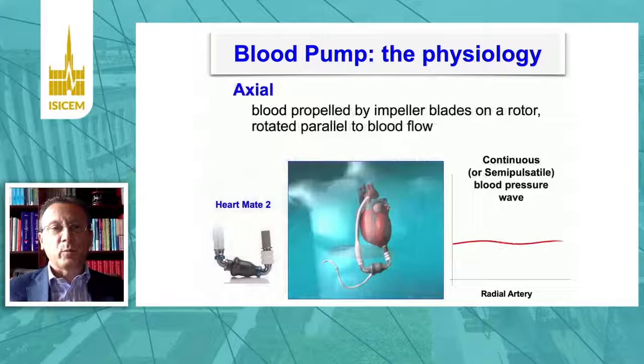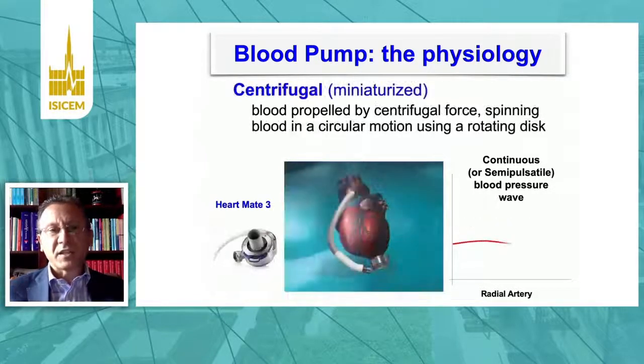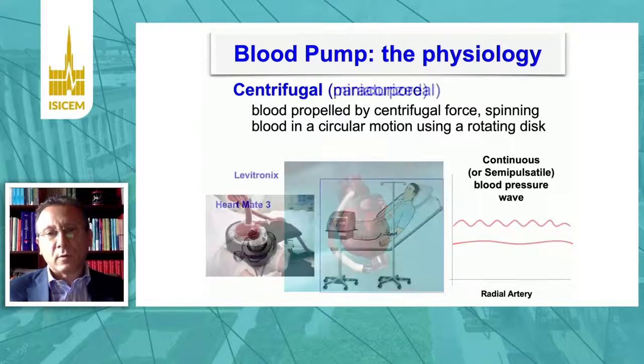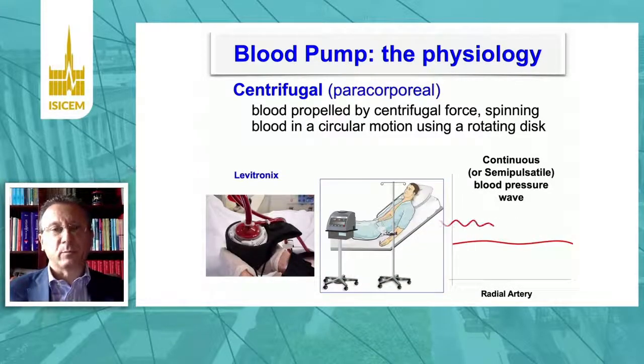With axial flow pump, blood is propelled by impeller blades on a rotor, rotated parallel to blood flow. And with centrifugal blood pump, blood is propelled by centrifugal forces, spinning blood in a circular motion using a rotating disc. And this is the same for miniaturized or paracorporeal centrifugal blood pumps, such as ECMO.